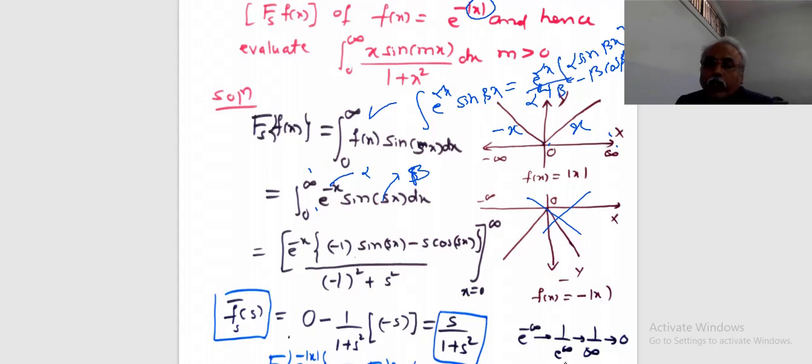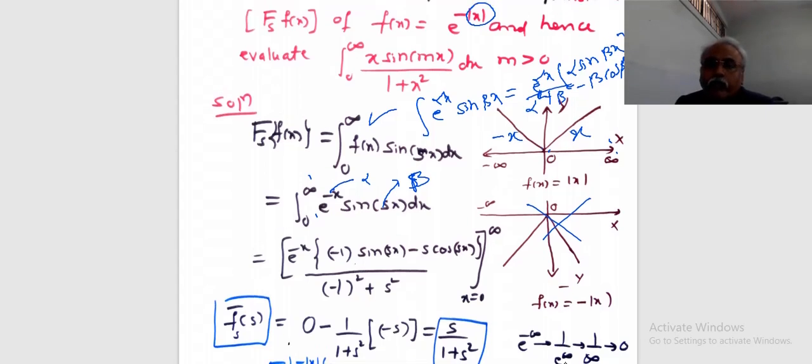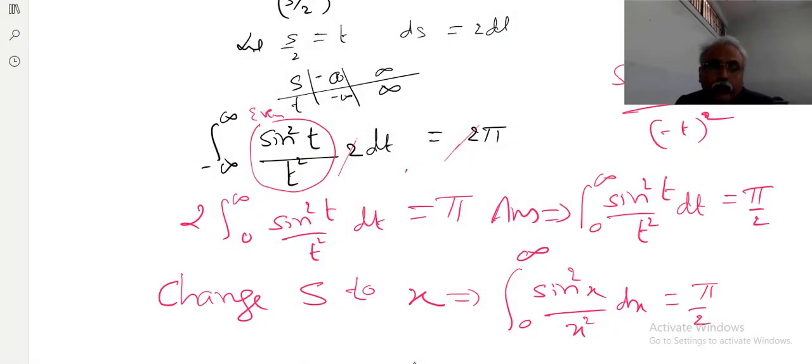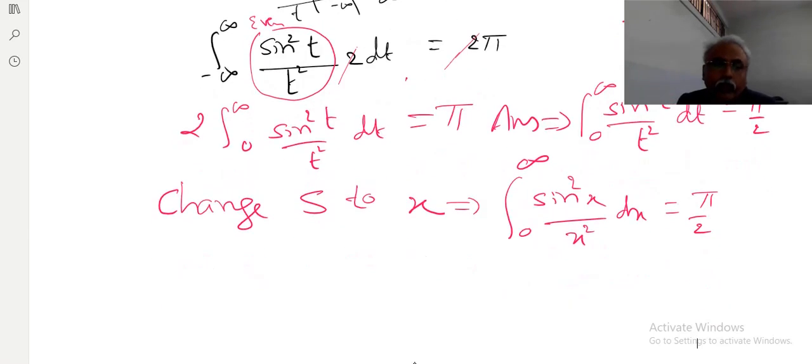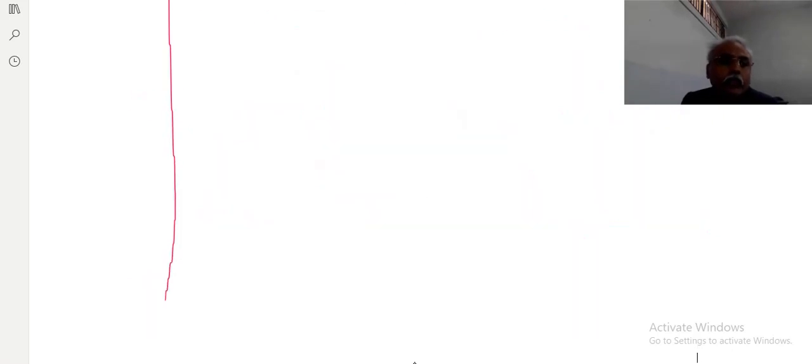So once again, let me write this e raised to alpha x. For few students, I will write this e raised to alpha x sine beta x formula for you once again.